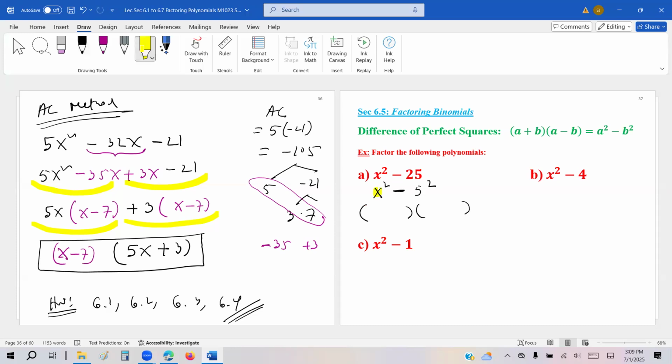We just take their bases, add them, subtract them. So x plus 5, x minus 5. That's all you have to do. We don't need any math. We don't need to rewrite anything. It's just simple. The second one is optional. I wrote 5 squared so that you can see what perfect square we have.